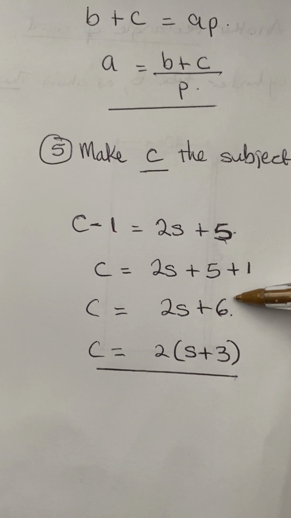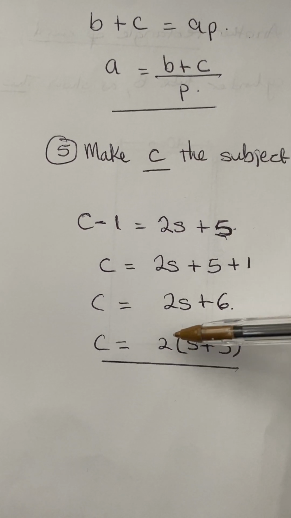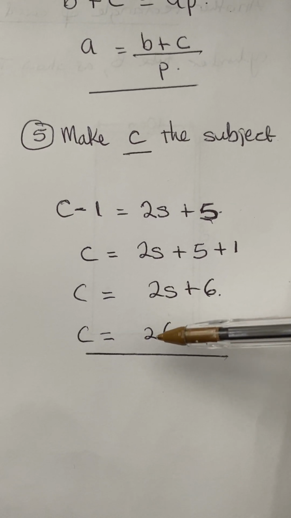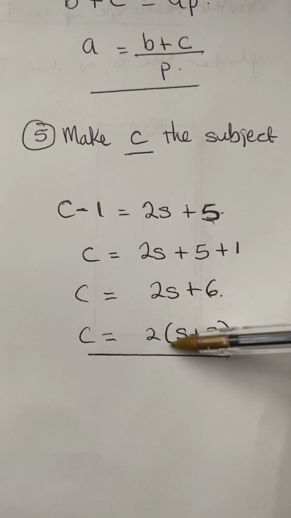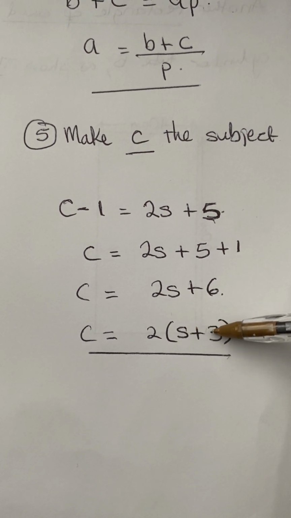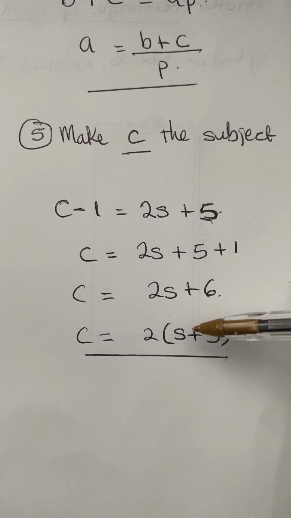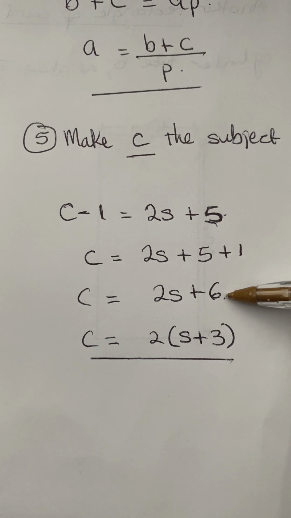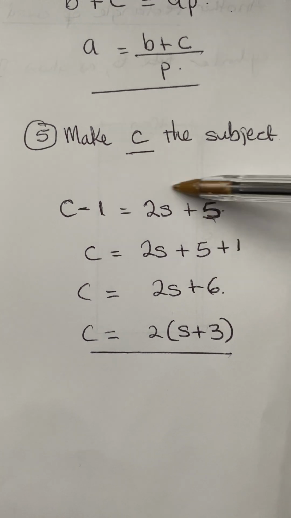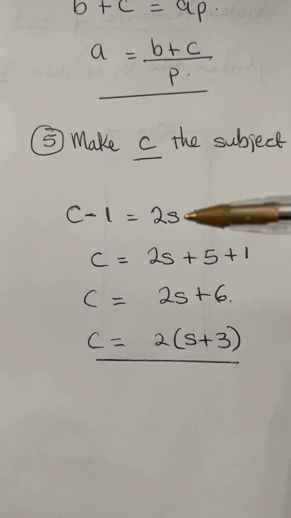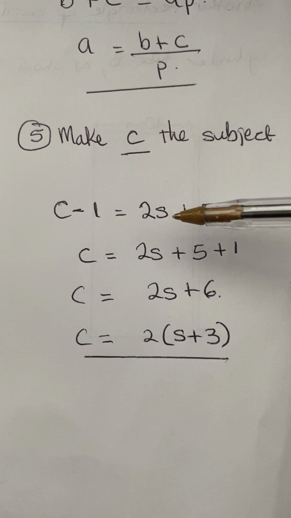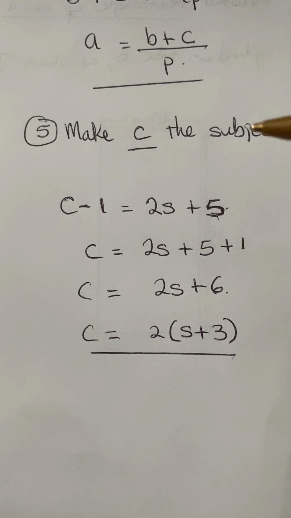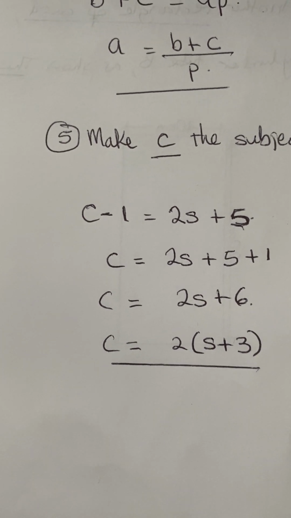We can leave our answer as this, or with 2 as a common factor, we have 2 all into brackets x plus 3, because if we multiply this step back, then we go back to this step. Okay, so this is the starter, making the subject. If you take it step by step, you should be able to do it fairly.